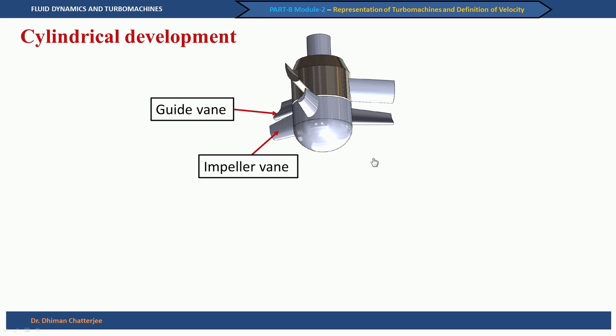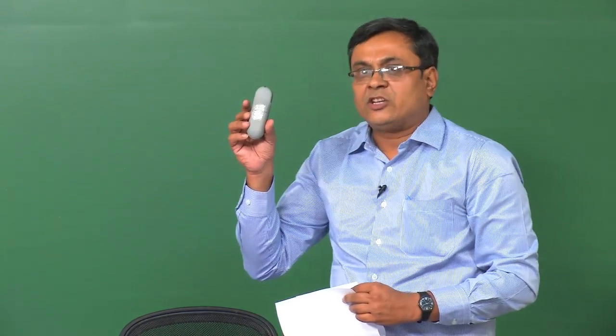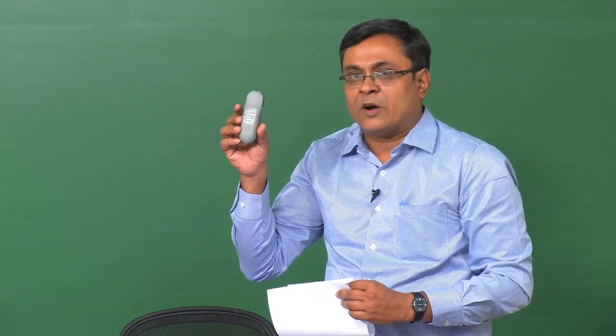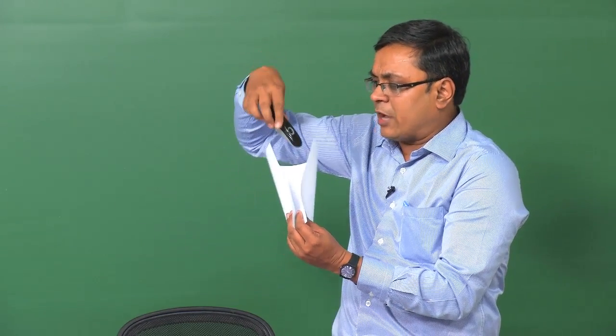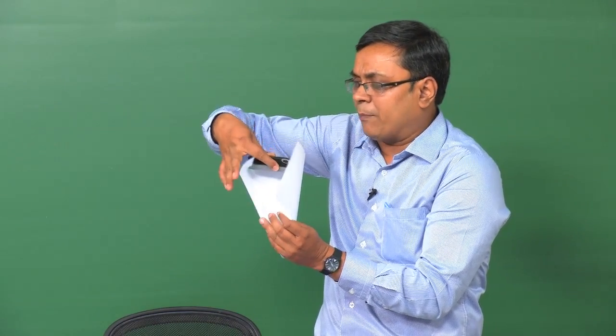This is a 3-dimensional view. So, now if I want to draw from this view what is known as cylindrical development, then I have to imagine how to get it. So, imagine that this is an axial flow machine, just what I showed you on the screen. Now, if I want to wrap the axial flow machine with a paper, what do I do?